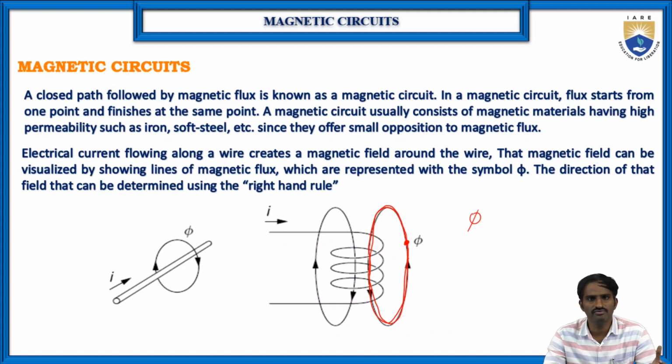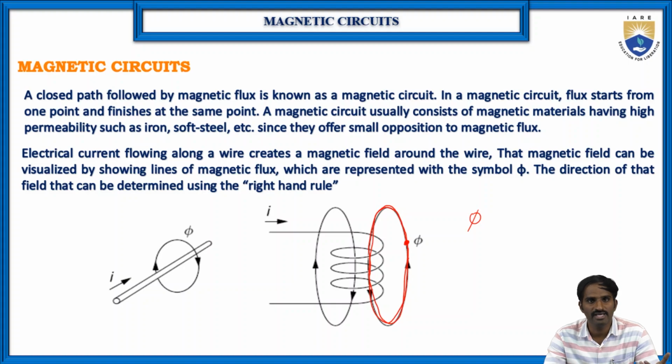Then the direction of that field: here there is a conductor, and around the conductor we place a winding. If a current is flowing through that particular winding, then the magnetic field will be set up, so the flux will develop.